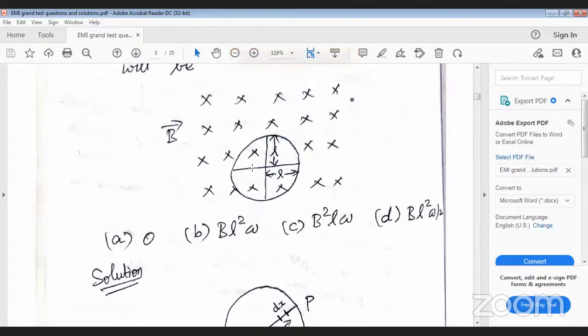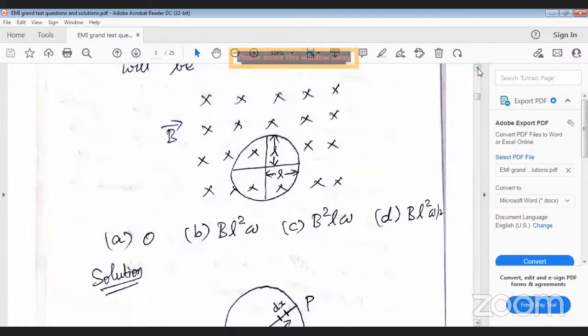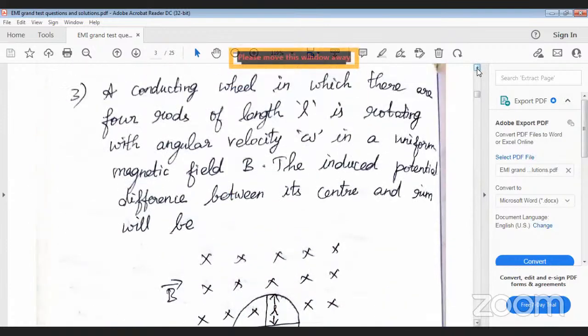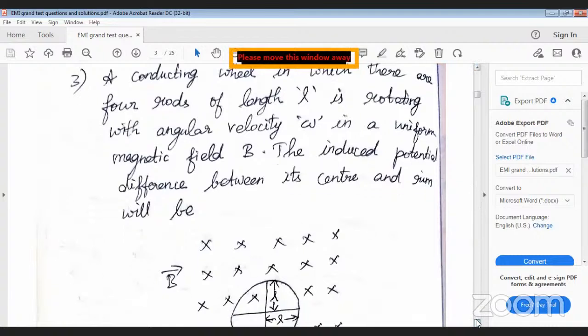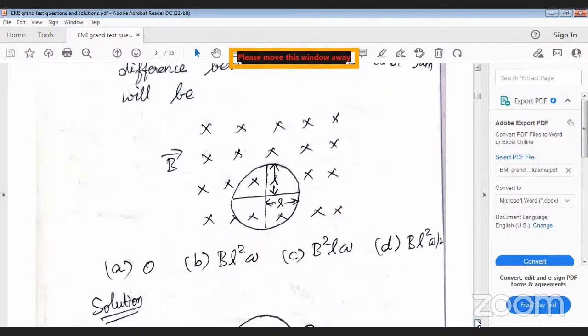So the conducting wheel with 4 rods of length L is rotating with angular velocity omega in the uniform magnetic field. The circular loop is rotating. You need to find the induced potential difference between its center and the rim.